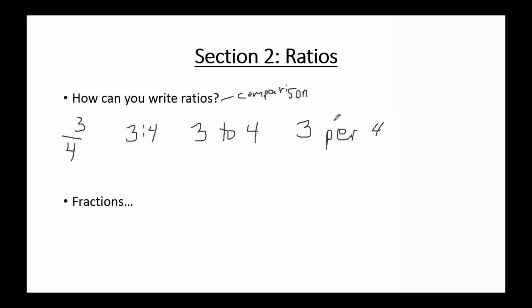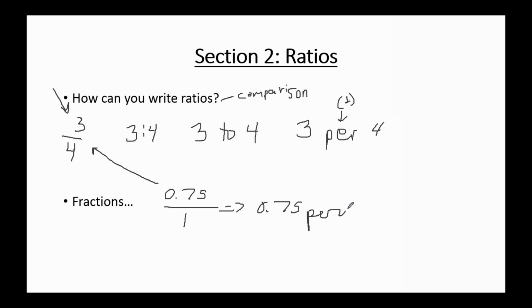One thing about that is the word per generally refers to 1. So if we do 3 divided by 4, think back to the fraction. If you divide 3 by 4, you end up with 0.75. So 0.75 over 1 is the same thing, which would lead us to 0.75 per 1. Yes.